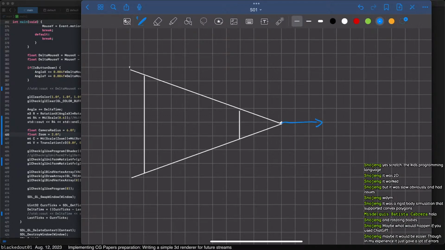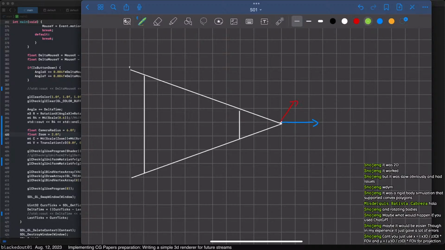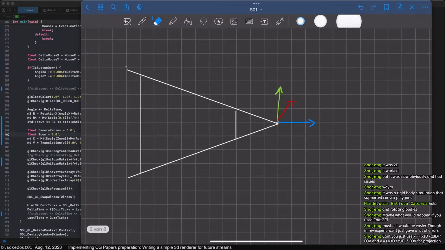So we have the coordinate system here. Yeah, so the x and y values are a bit easier than the z, and I'm trying to derive the stuff that you just wrote down, basically.